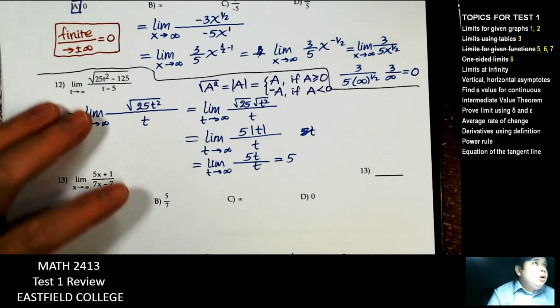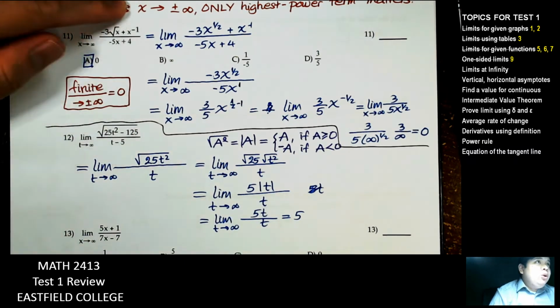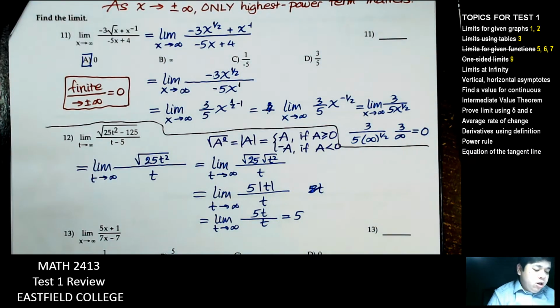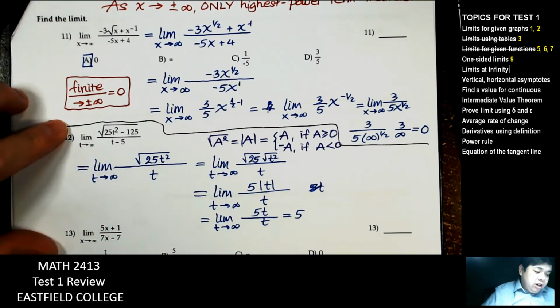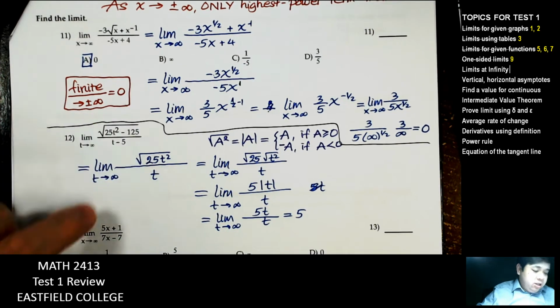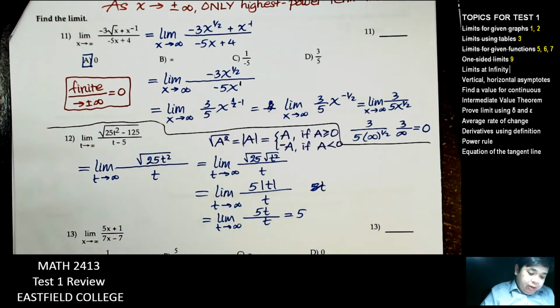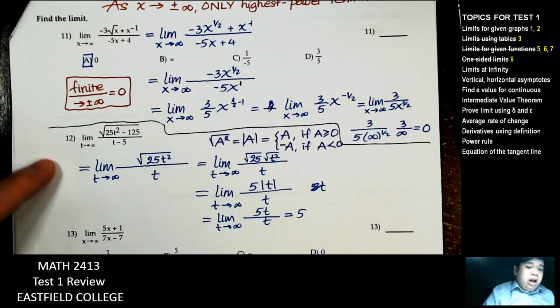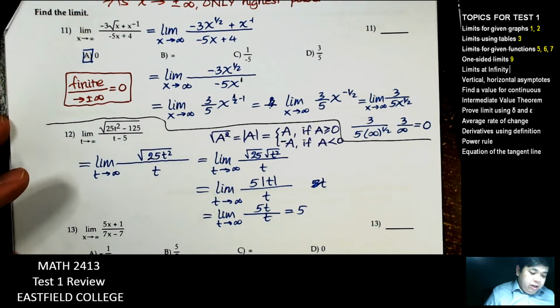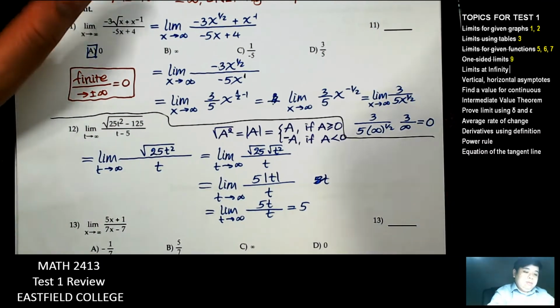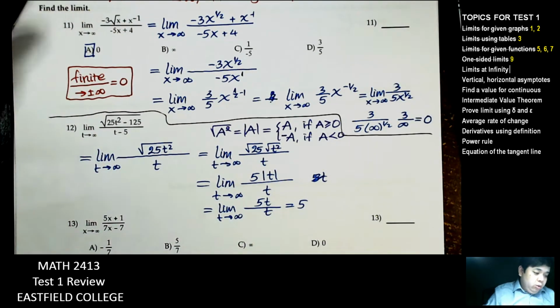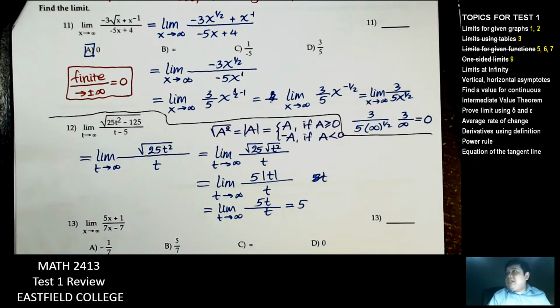Right. So when x goes to infinity or negative infinity, the highest power term matters, and a finite number divided by infinity is 0. Here we have infinity divided by a finite number, so that will be infinity. Right. So I have 11, 12, 14.